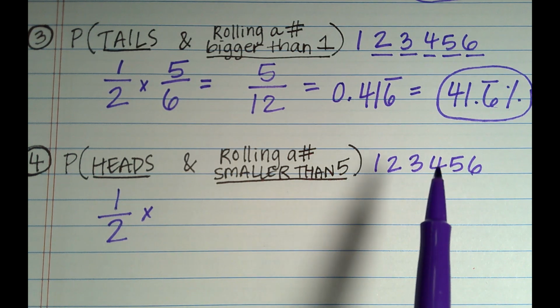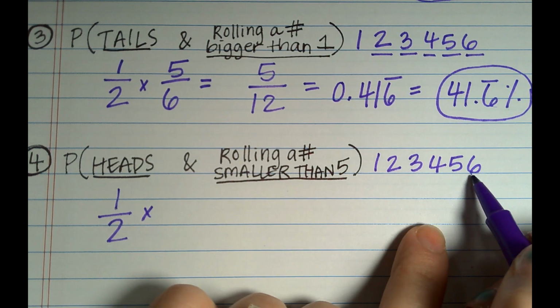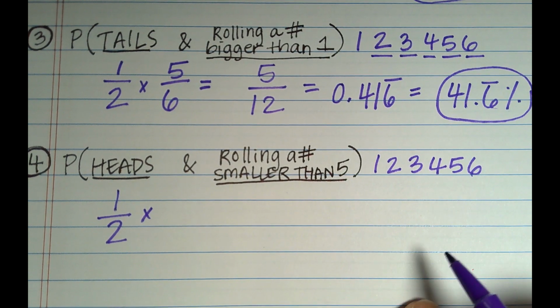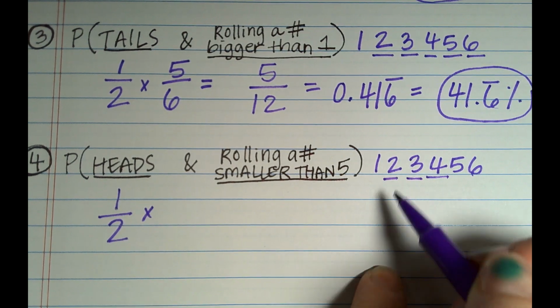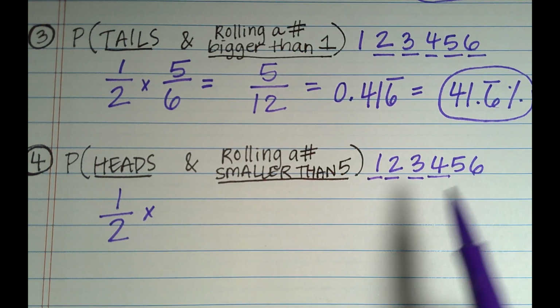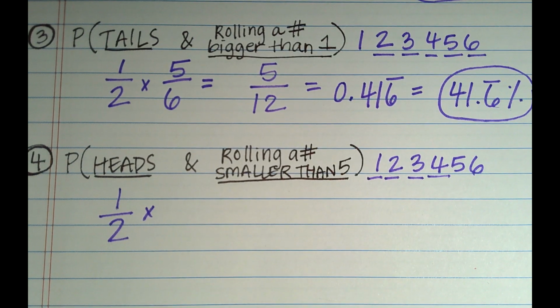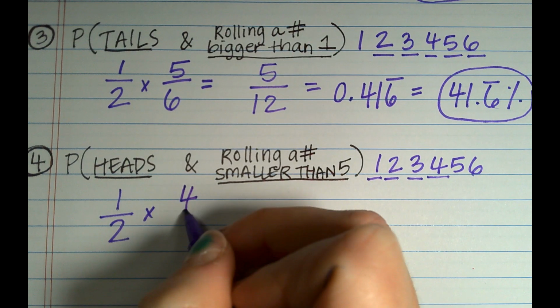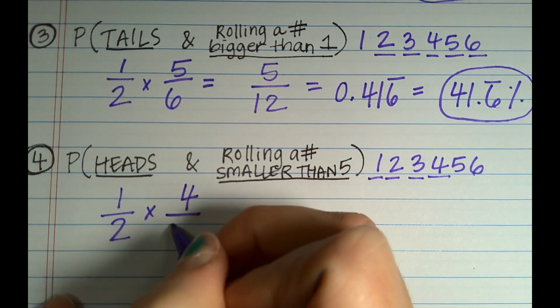Let's look and see how many of these numbers are smaller than 5. Well, 6 is not, 5 is not, 4 is smaller, 3 is smaller, 2 is smaller, and 1 is smaller. So how many numbers are smaller than 5? 4. So that's our number on top. And how many options are there here? Still 6.